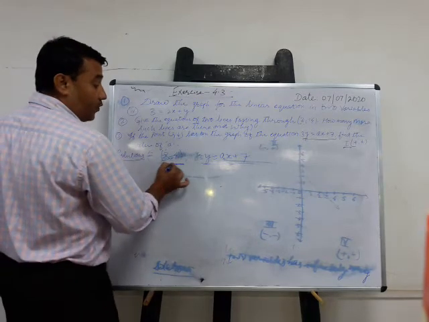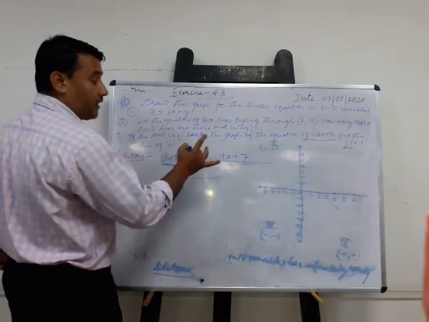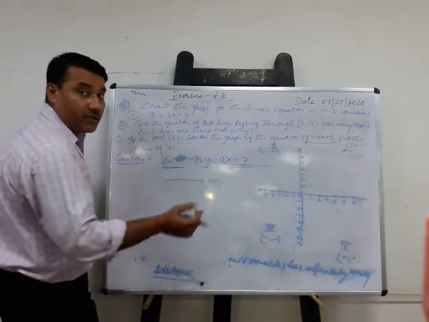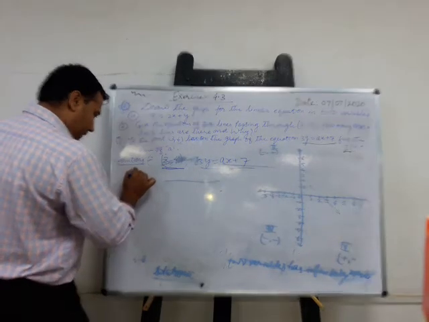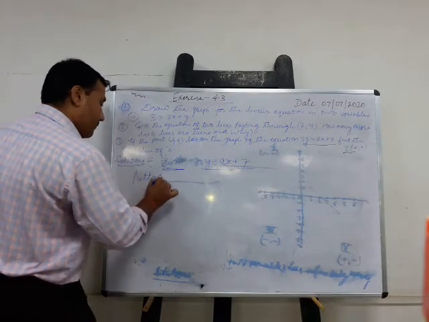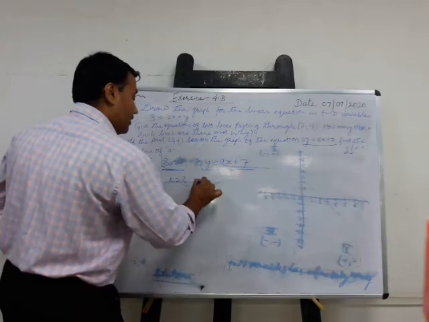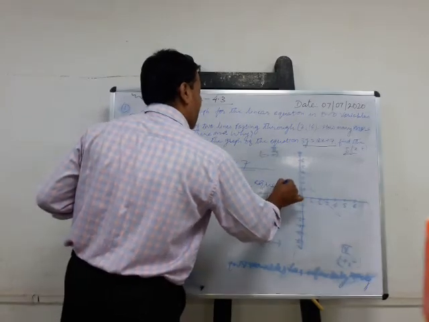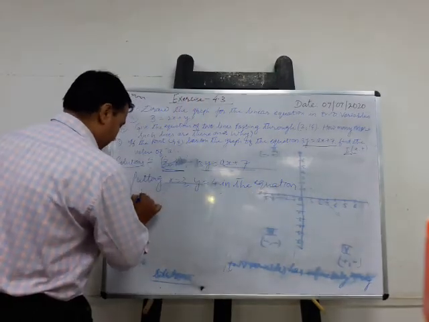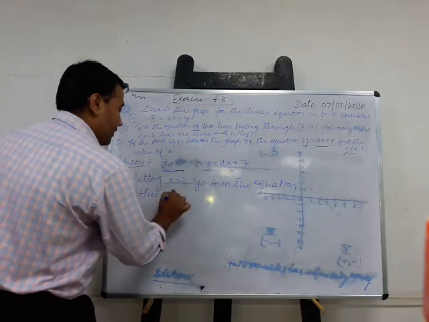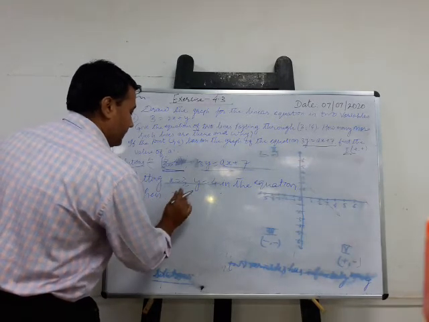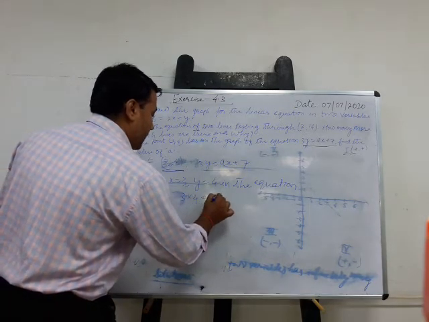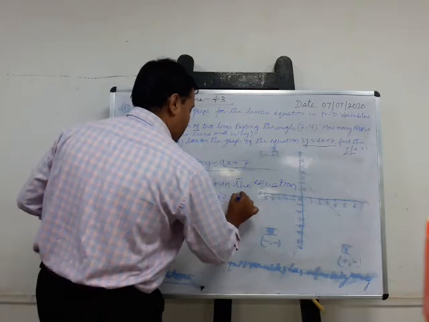See, if the point (3, 4) is lying on the graph of the line 3y equal to ax plus 7, it means this solution will satisfy the equation. Putting x equal to 3, y equal to 4 in the equation: 3 into 4 equal to a into 3 plus 7.